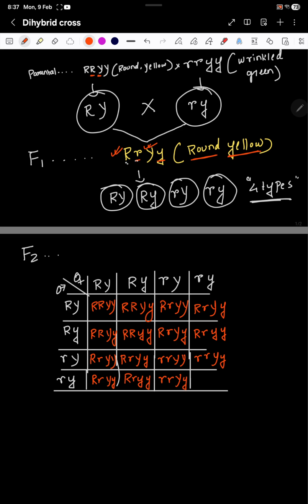Okay. If you are unable to follow, just pause it, make the video slow. You will easily get the points. Now small r, small y, small y.